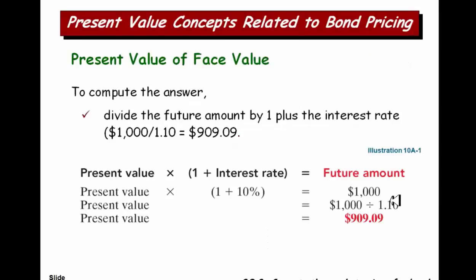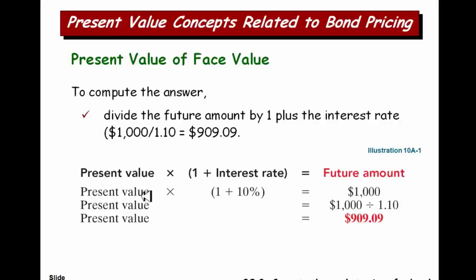So we can create tables based on the unit of 1, and multiply the present value of 1 times any dollar amount that's going to be received a year from now, to get how much we should invest today to earn that amount at that particular interest rate. The present value times 1 plus the interest rate equals the future amount.